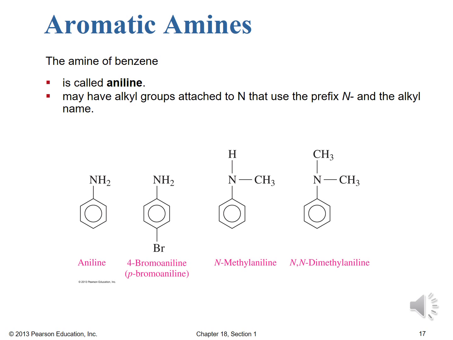And so if we have just that benzene group with a single NH2 group off of it, it's still referred to as aniline. If we have other groups, then we have to deal with that, whether they're on the nitrogen, using the N prefix, or if they're on other parts of the benzene ring, then how we would ordinarily deal with those names. So for instance, there we see at the far left aniline.